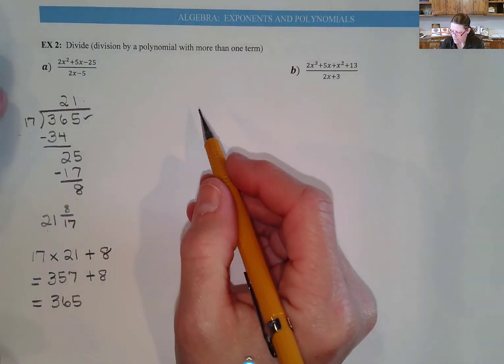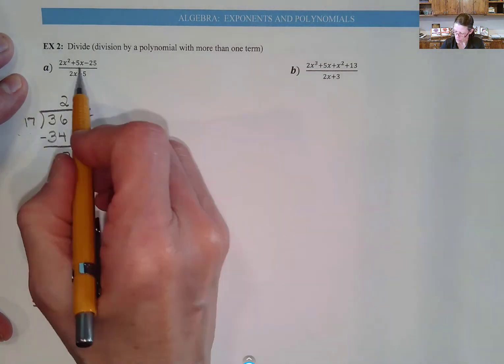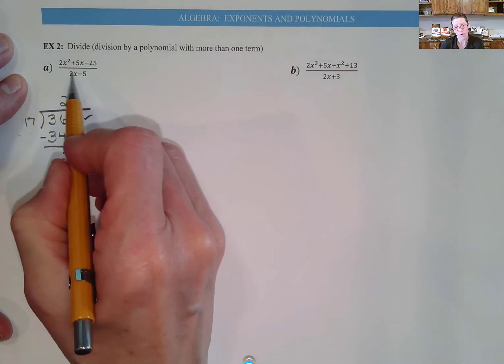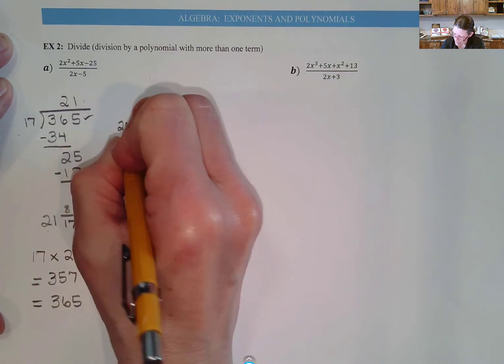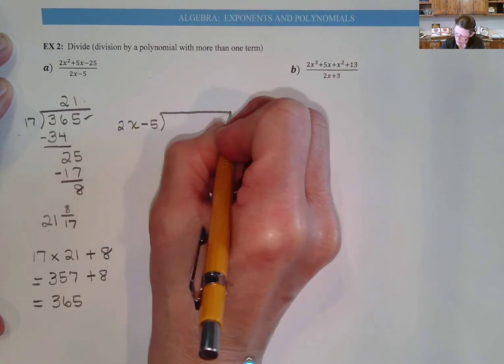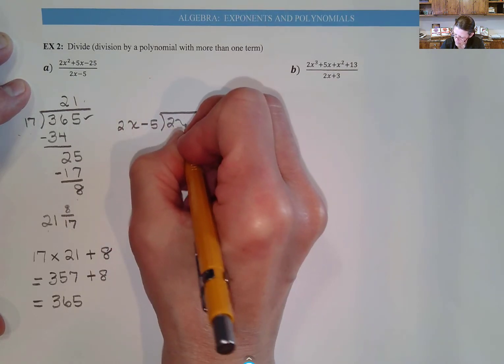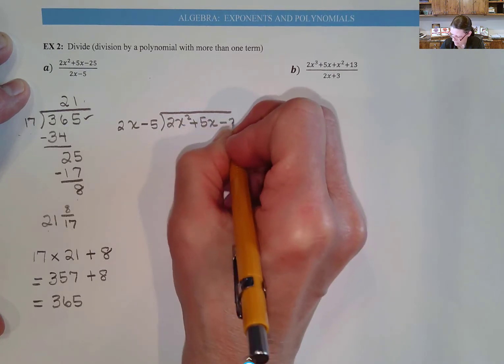All right, now let's go ahead and perform our long division with polynomials. So notice that our divisor is more than one term, therefore we're going to use long division. As we divide 2x minus 5 into 2x squared plus 5x minus 25.